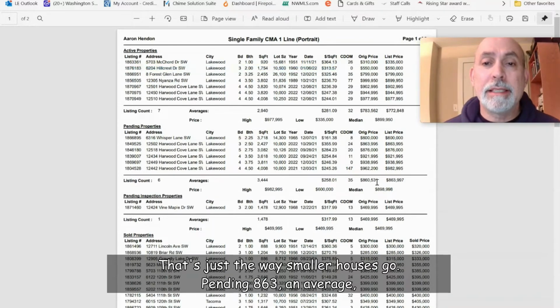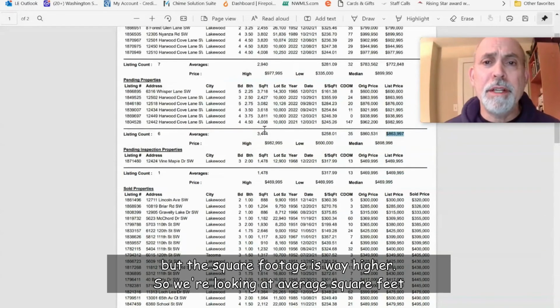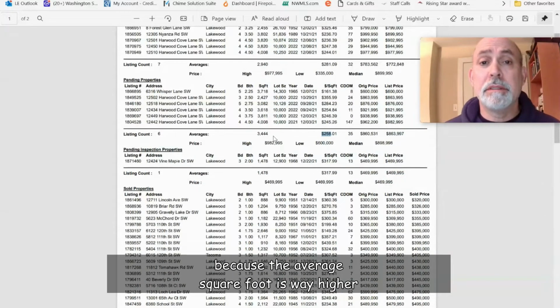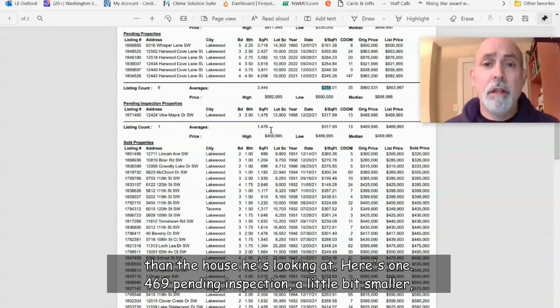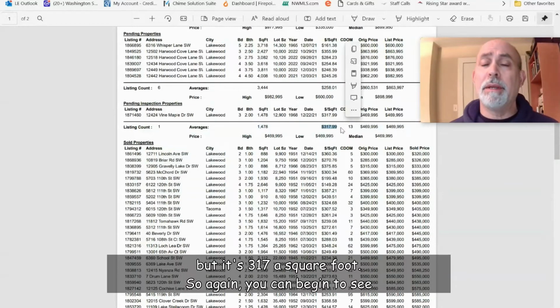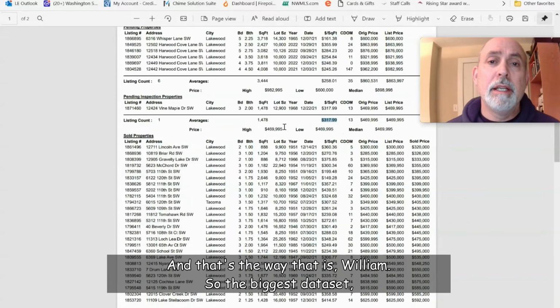Pending is 863 on average, but the square footage is way higher than the house he's looking at. Here's one, 469 pending inspection, a little bit smaller, but it's 317 a square foot. So again, you can begin to see smaller houses have higher price per square foot. That's the way that is, William.